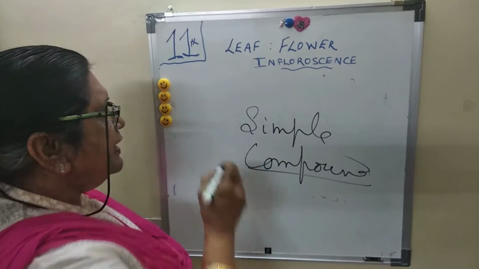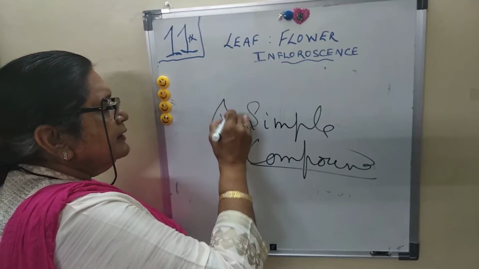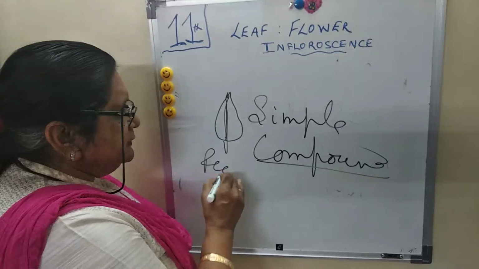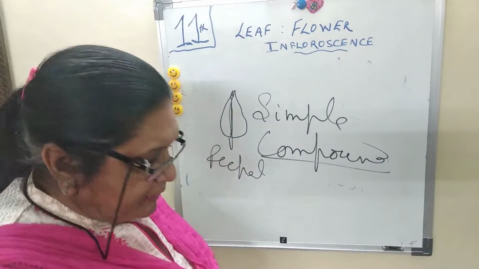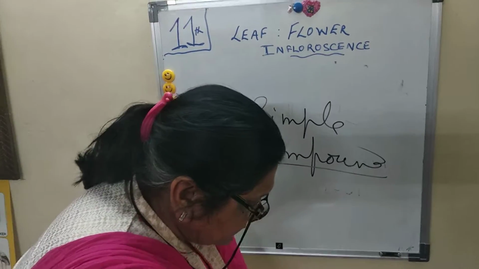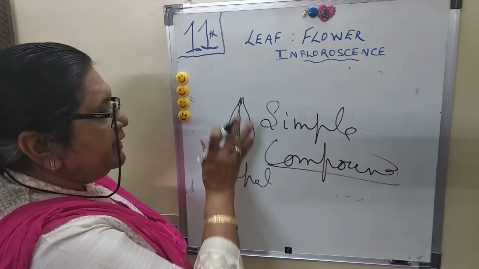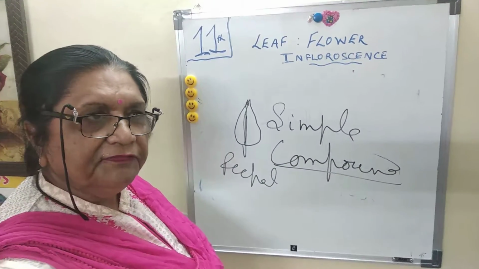Simple leaves, when they are not divided into many leaflets, a single leaf, like pipal. When they are not divided further, that is a simple leaf. Or you can say when the lamina is not divided into leaflets.